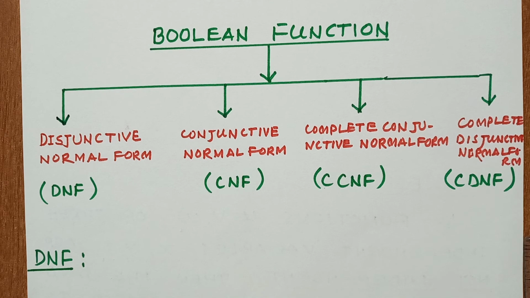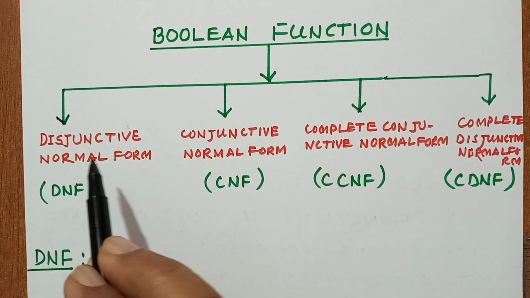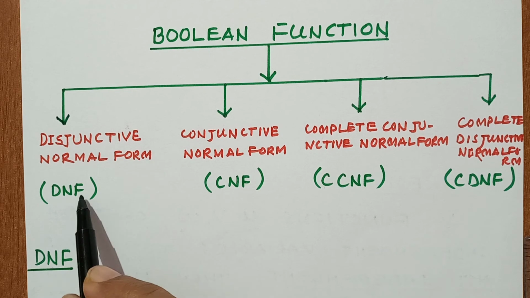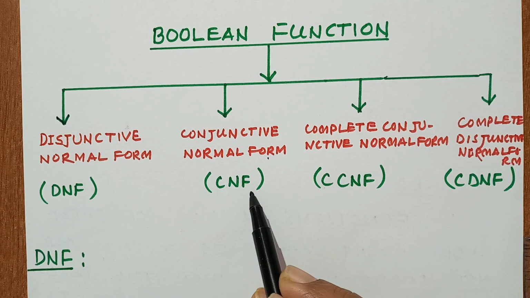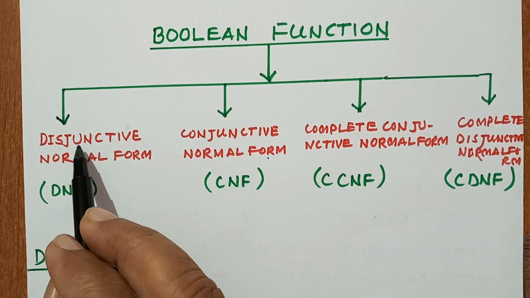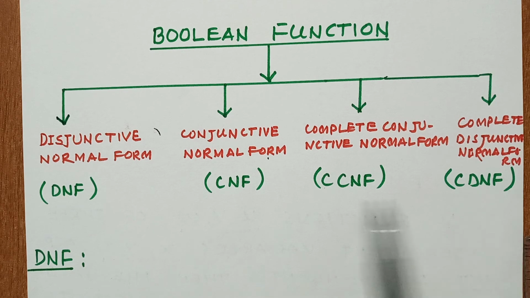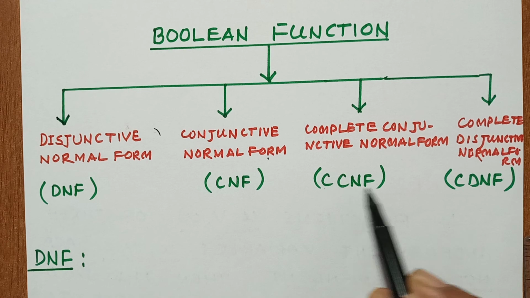Types of Boolean function. Okay, so there are four types of Boolean function. First is disjunctive normal form, DNF. Conjunctive normal form, CNF. Complete disjunctive normal form, CDNF, and complete conjunctive normal form, CCNF.